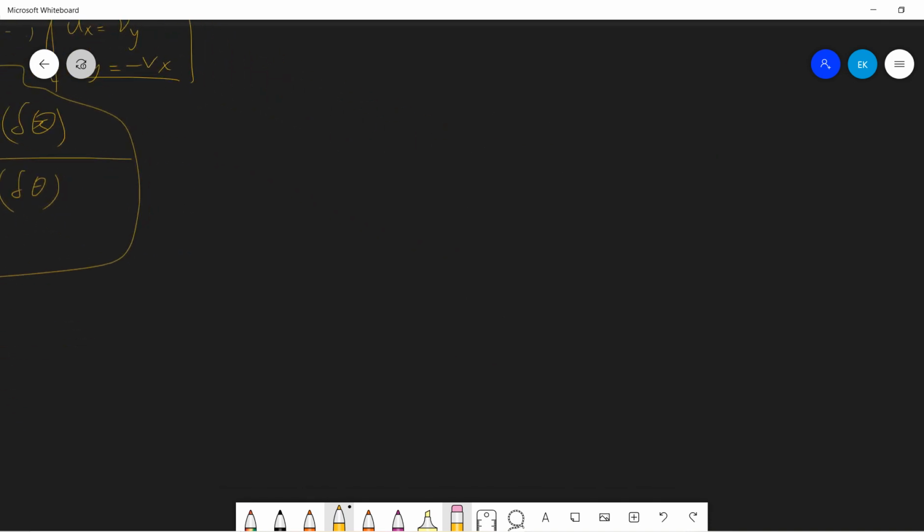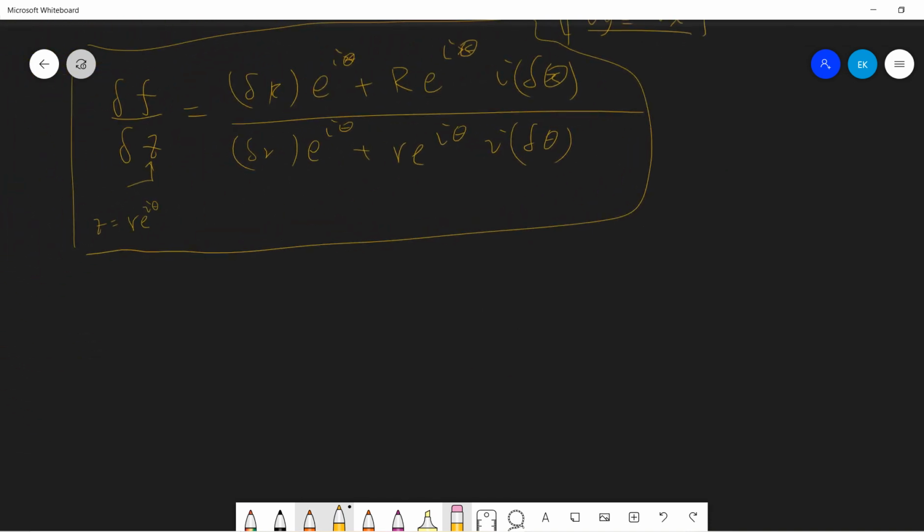So the proof is very simple. The first fact is that we can take different approaches. We can let delta r go to 0 or delta theta go to exactly 0. First we set delta theta to be 0 and change only in the radial direction. Since delta theta is 0, this term is 0.